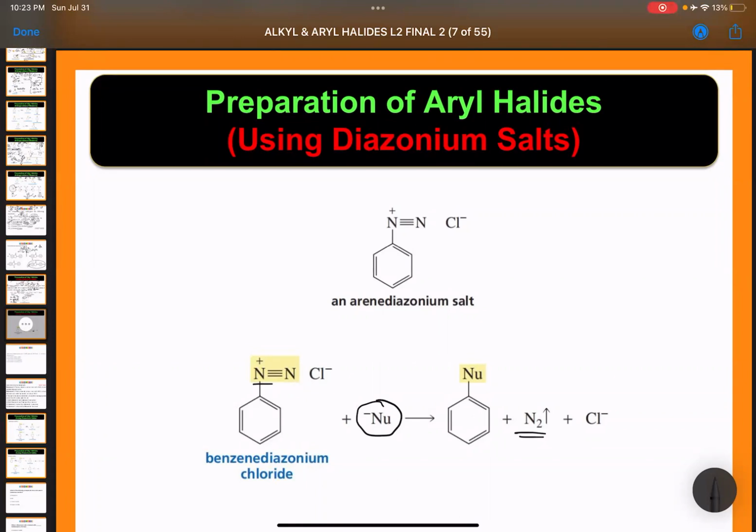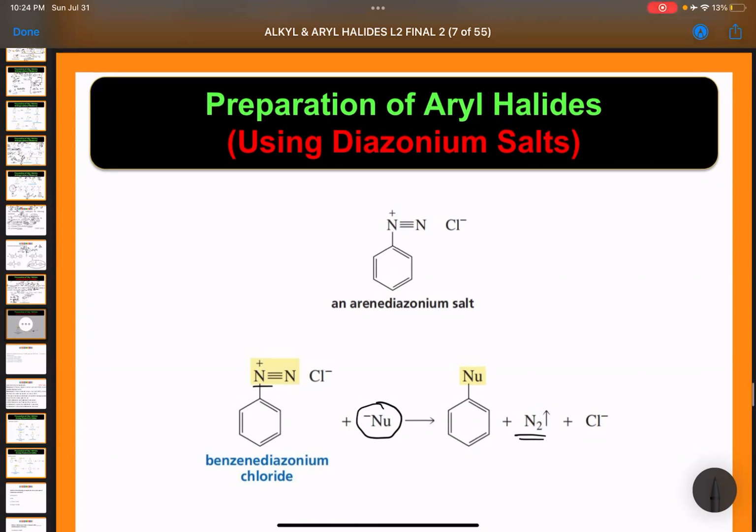For them, this is the sole way of attaching them to benzene. For Cl and Br, it is just an additional way, because you can connect Cl and Br directly to the benzene ring also. But for other groups, it is a very important method.